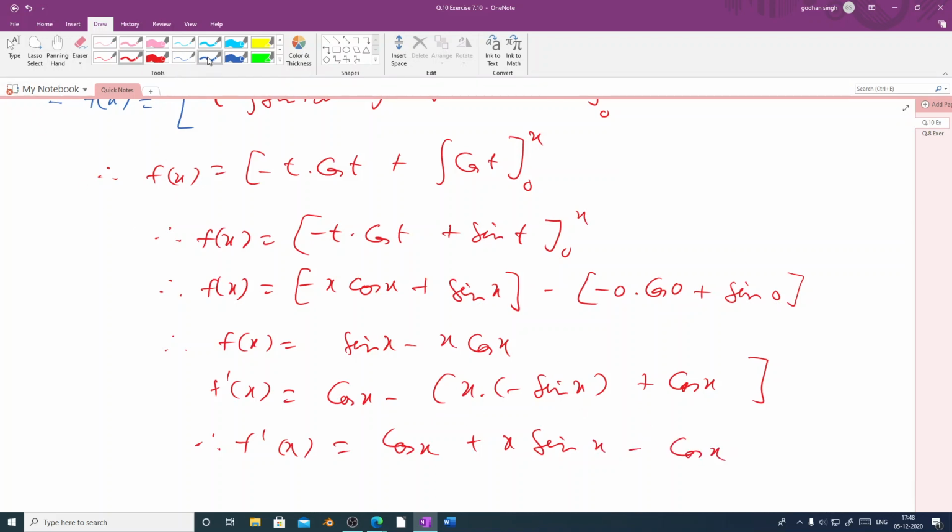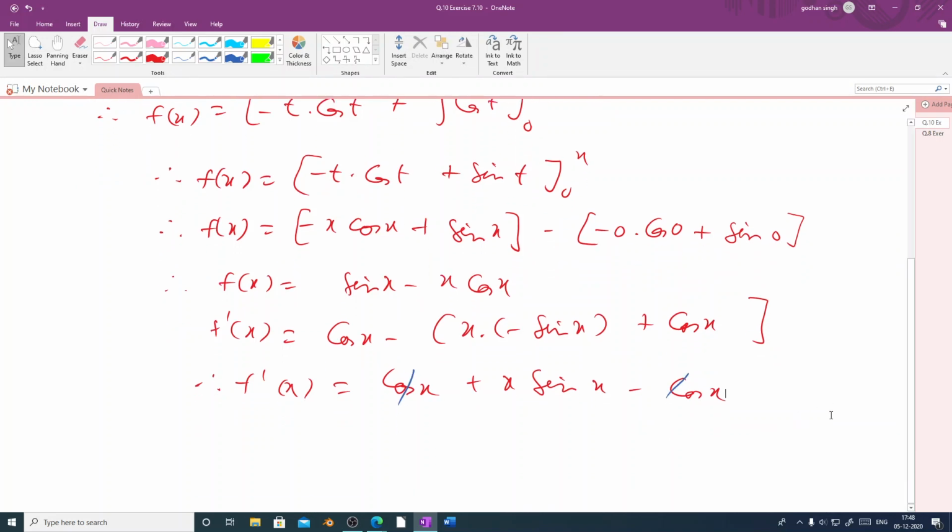So plus cos x minus cos x will cancel each other, and the final answer will be, therefore f dash x equal to x sin x. So this will be our answer of question number 10.